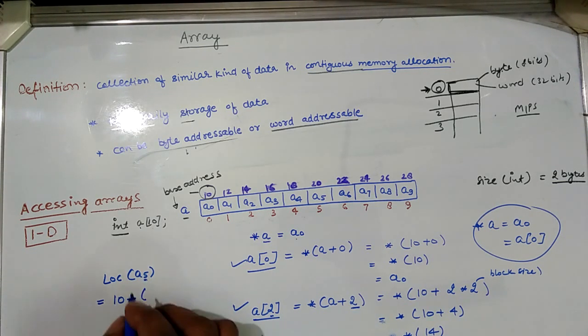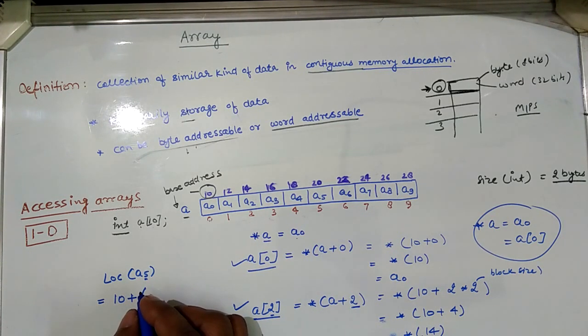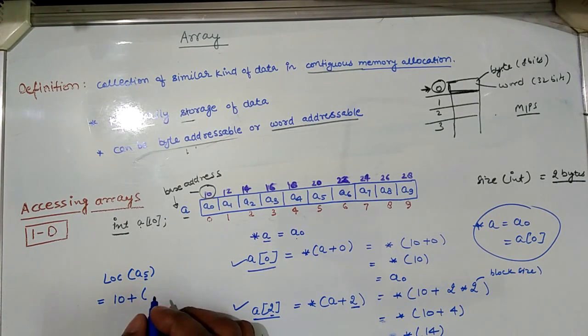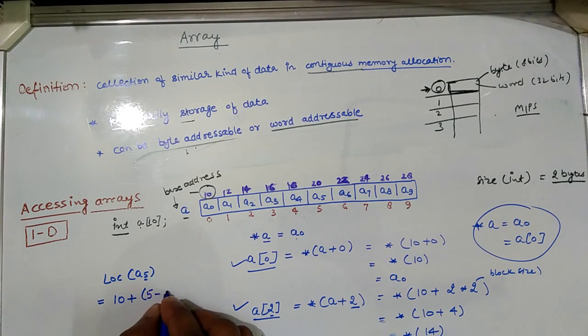Because you want the location of the A5 element, it means the number of elements before this element, which is 5 minus starting index, into 2.